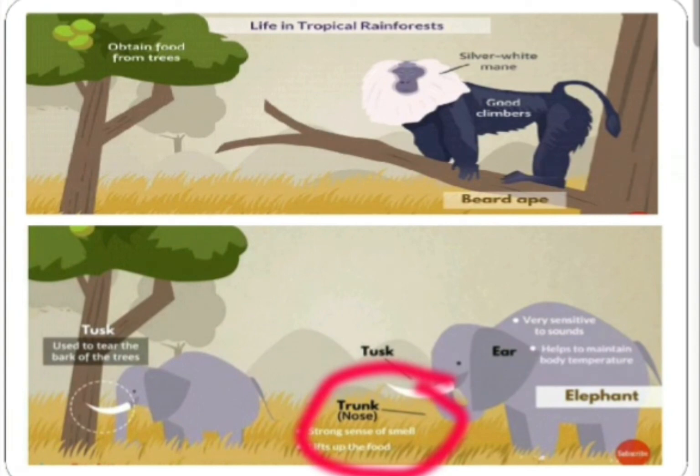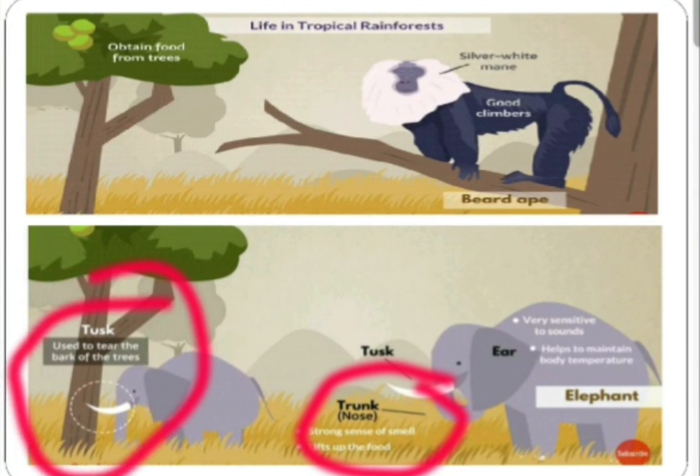The trunk is also used for picking up food. Moreover, its tusks are modified teeth. These can tear the bark of trees that the elephant loves to eat. So the elephant is able to handle the competition for food rather well.